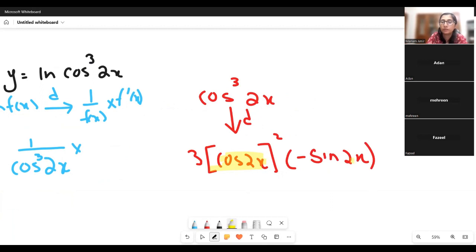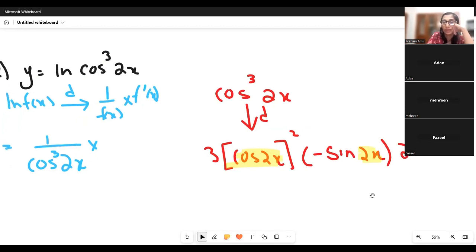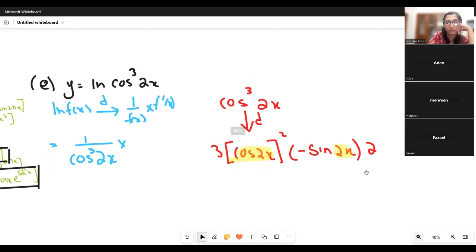We have to differentiate 2x again, which is going to be 2. So f prime x is 6. In fact, minus 6 sine 2x and then cos square 2x.